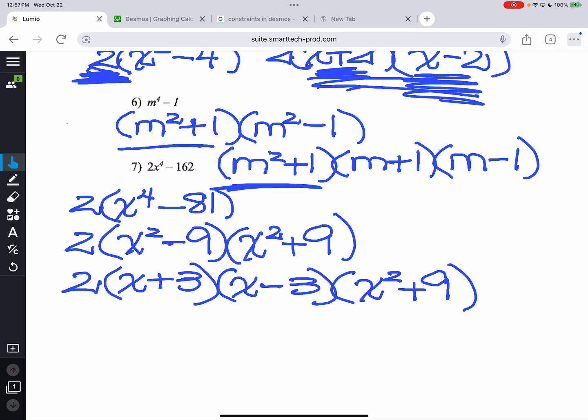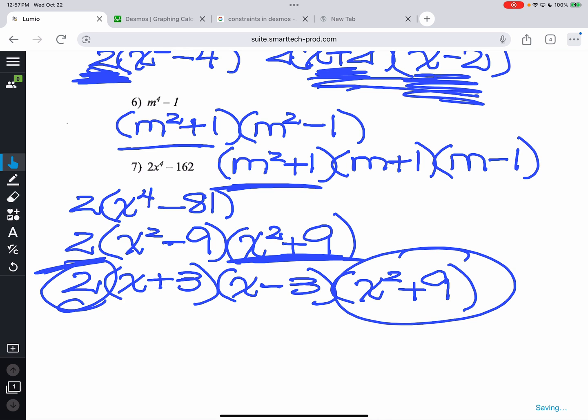So you rewrite the difference of perfect squares as x plus 3, x minus 3. And then you have the original parts that you removed and the part that was not a difference of perfect squares. Why did we keep that one? Because you need to be able to check your work and get back to 2x to the 4th minus 162. If you throw any pieces or parts of this out, you won't get there.